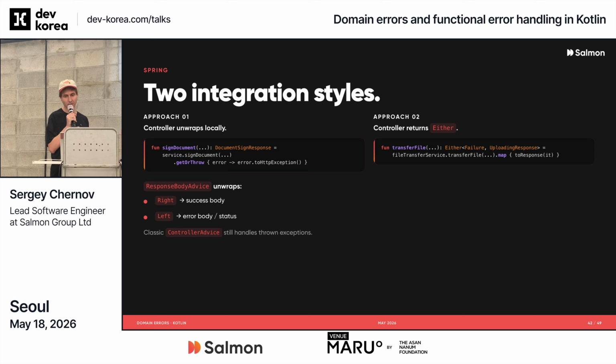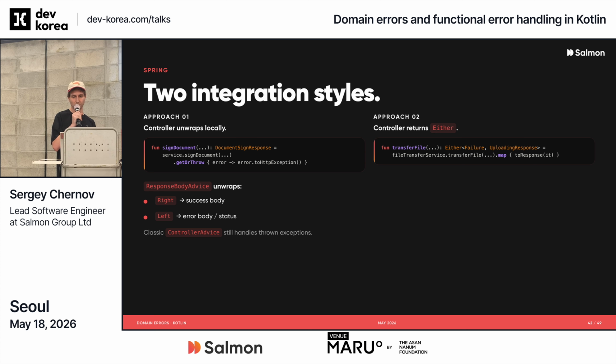The first one: you return the Either from the service layer, and inside the controller methods you just throw, mapping the business failure type inside a custom runtime exception. In Spring, the common approach is to define a custom runtime exception and a controller advice global exception handler, which catches the runtime exception and maps it to the proper HTTP response. This approach will work, and you don't need to change too much.